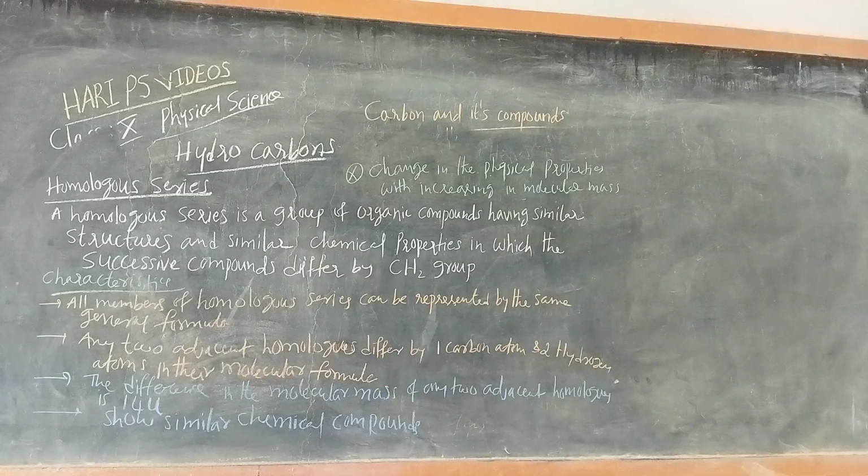A homologous series is a group of organic compounds having similar structures and similar chemical properties in which the successive compounds differ by a CH2 group. Those organic compounds are called homologous compounds. Let's understand with examples.